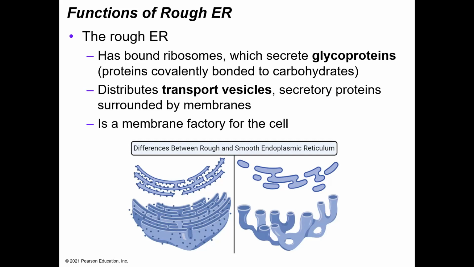The rough ER will transport the products that it makes in the vesicles, and then it will send those to different parts of the cell. Generally, well, really, it will send it straight to the Golgi, which would then direct it to different parts of the cell or outside the cell.